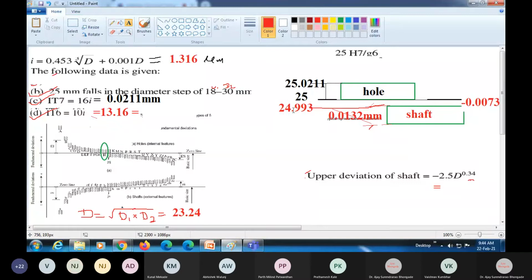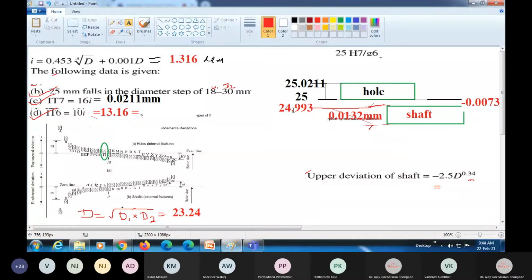The lower limit of the shaft is how much then? 24.993 minus IT6. Whatever the value of IT6 we had simply worked out, that is 0.0132.